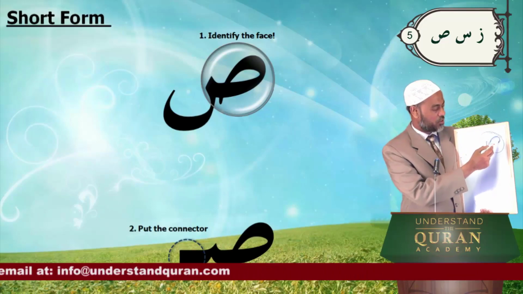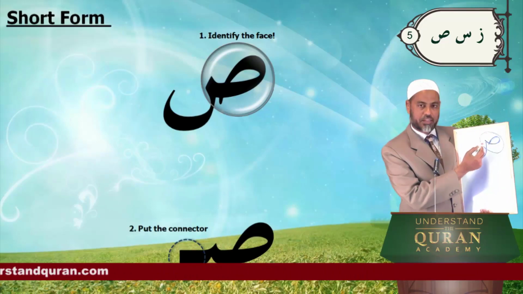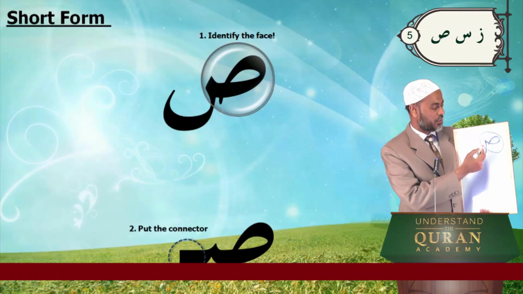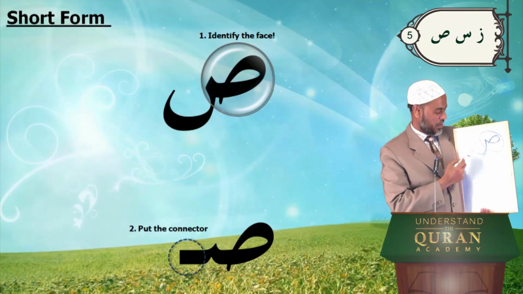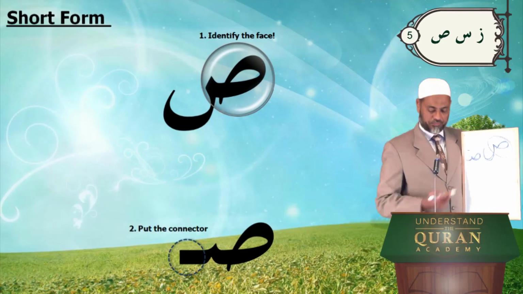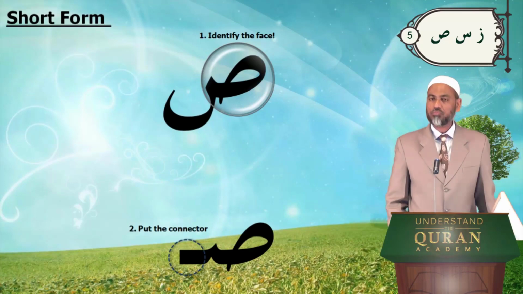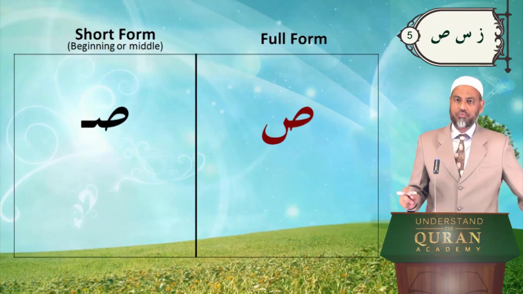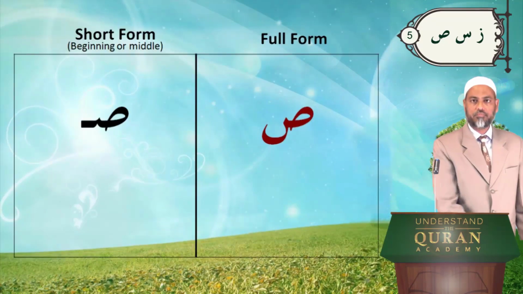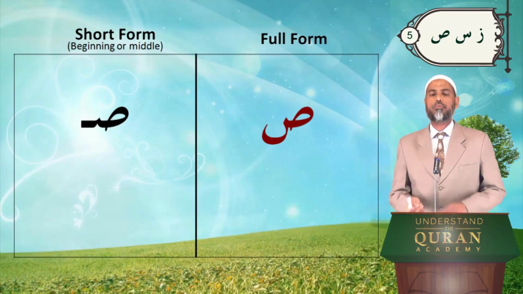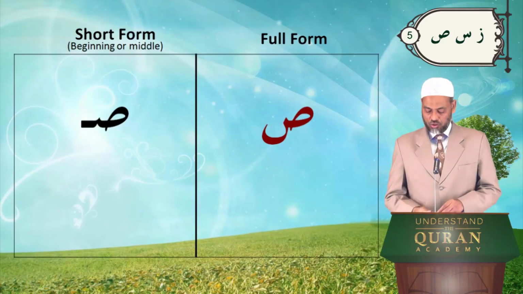That's why I'm telling you, draw the tongue here and come a little bit out of that shape and then come down. The short form will be the same tooth after this tongue shape, and then the connector. So you see the full form and the short form of the letter Sod.